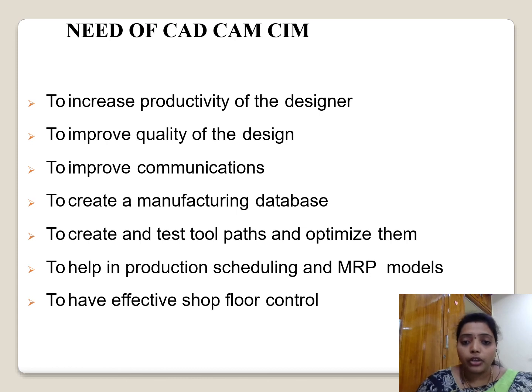Thus shop floor control means if one object is manufactured in the first stage, the first floor, it will go to the next floor for the cutting and finishing process, and afterwards it will go to the designing process, and afterwards it goes to the testing. After testing the object on the testing floor, it will directly go to the packing section, and afterwards it will reach the customer. It is known as effective shop floor control.